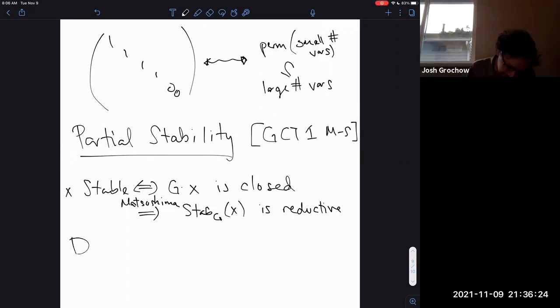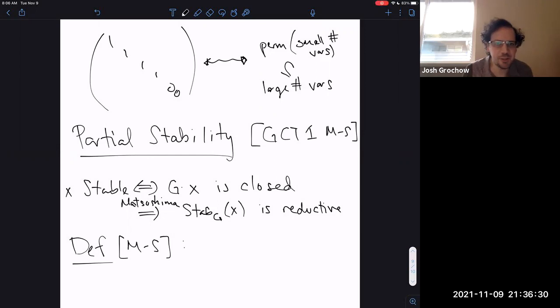All right, so now what is this notion of partial stability? So the definition, and I'm going to write the definition as they wrote it because there are surely subtleties here that I'm missing, and then I'll talk about some examples and my maybe more naive way of thinking about it.